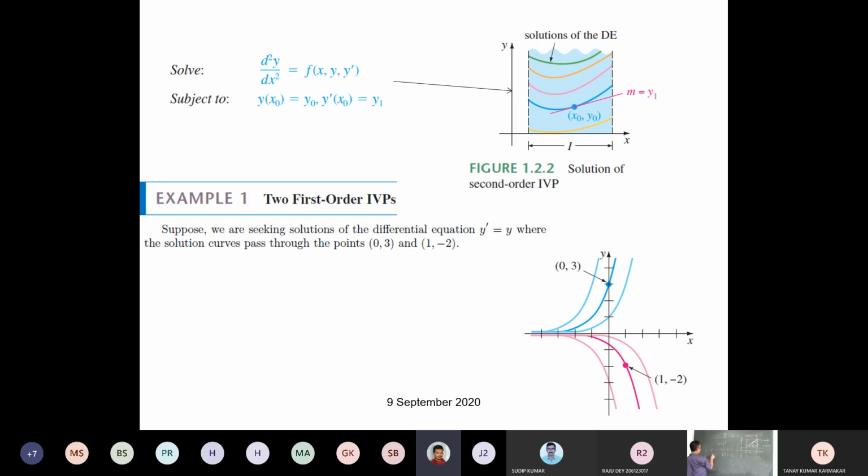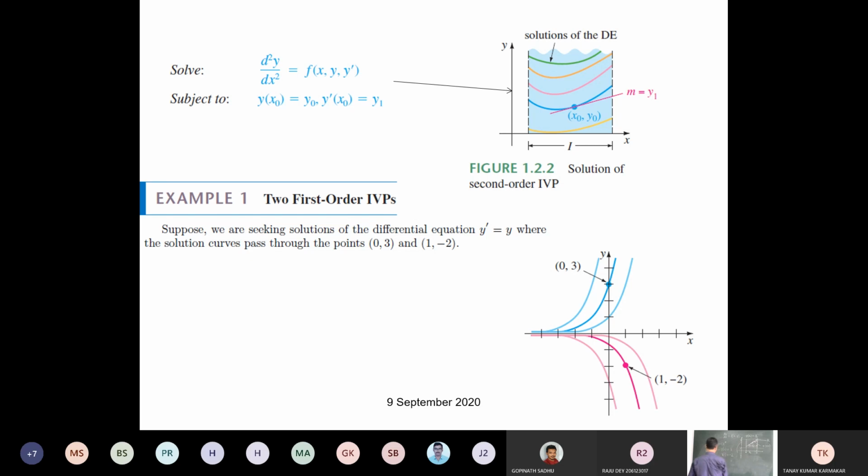Minus 2 e to the power x minus 1. Yes, good. Okay, fine. Or simply you can adjust it like this.